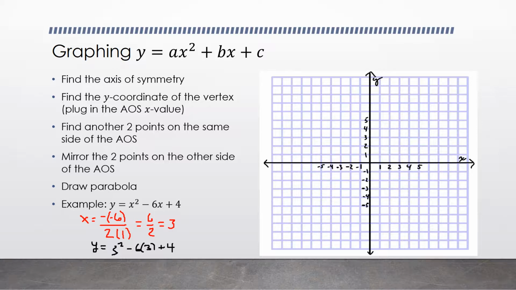So 3 squared is 9. 6 times 3 is 18. 9 minus 18 is negative 9. Plus 4 is negative 5. So my vertex point is now 3, negative 5. So I'm going to mark that on my graph.